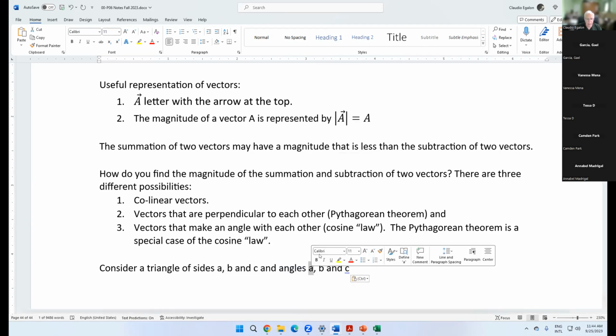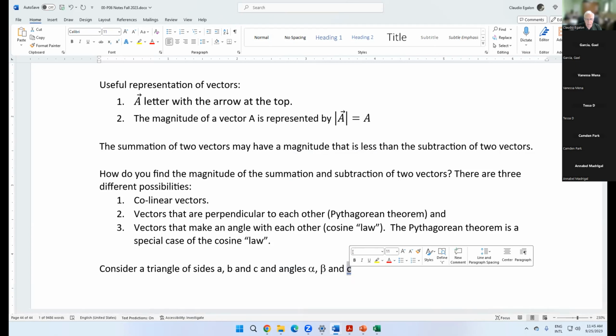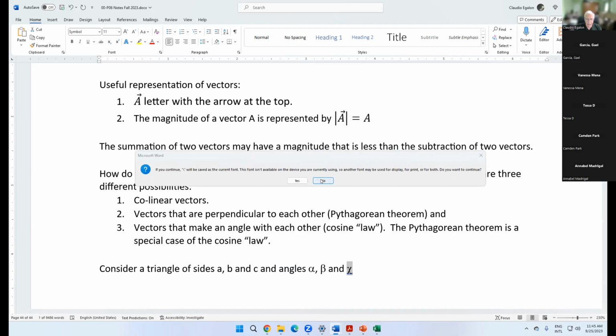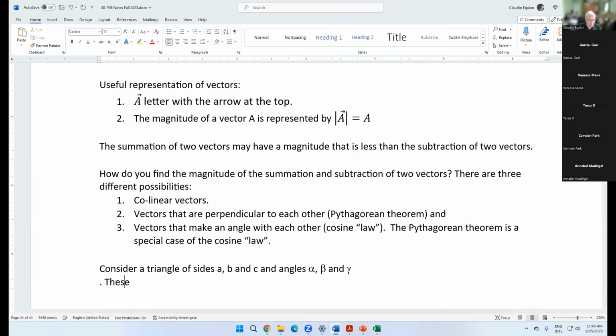Alpha, beta, and gamma. These angles are opposite to their respective sides, right?